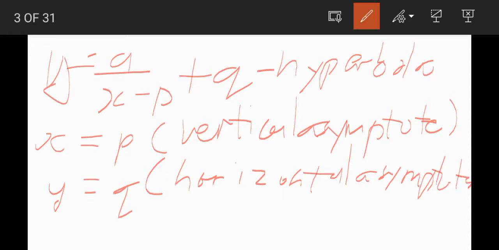So with the vertical asymptote, the trick is every time you are given this and then you are asked to give the equation of the vertical asymptote, you must take whatever is in here. So for example, x minus p, then equate it to 0, then transpose the p, whether it's negative or positive, then you have your equation as x is equal to p, which is your vertical asymptote.